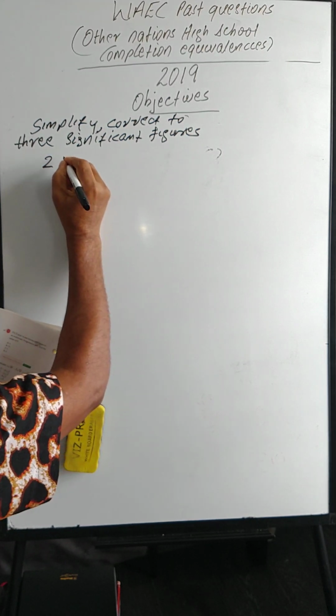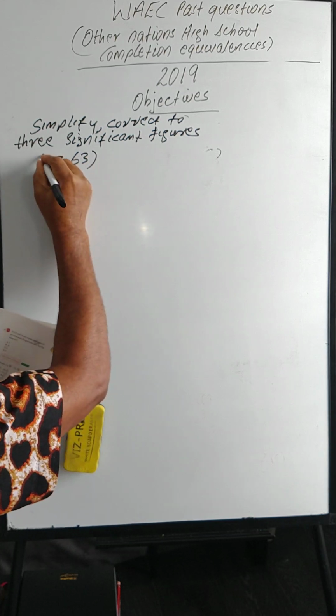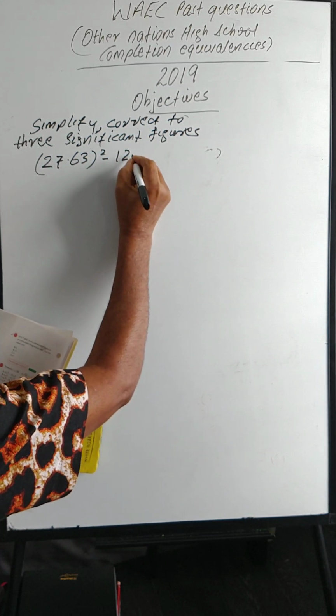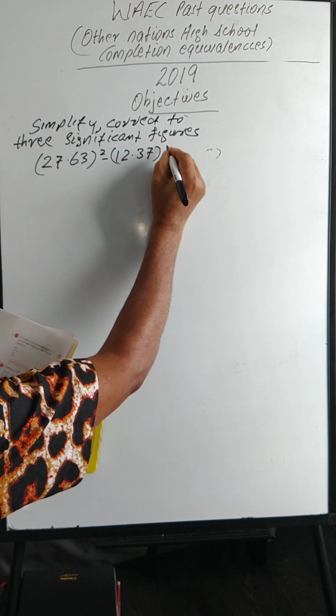We have 27.63 squared minus 12.37 squared.